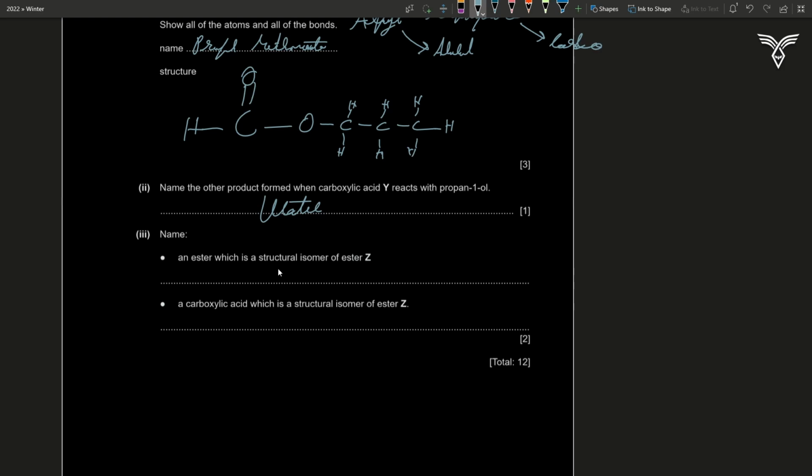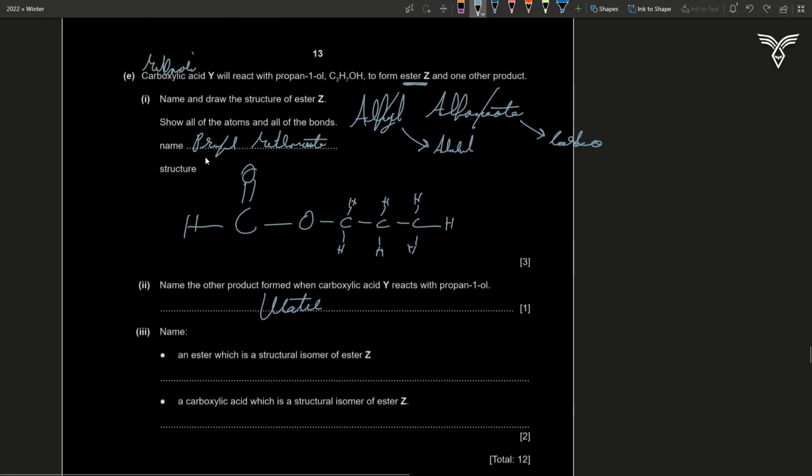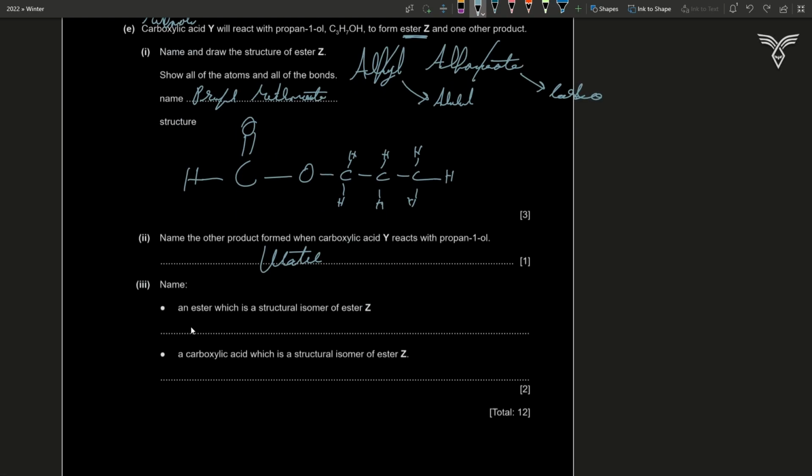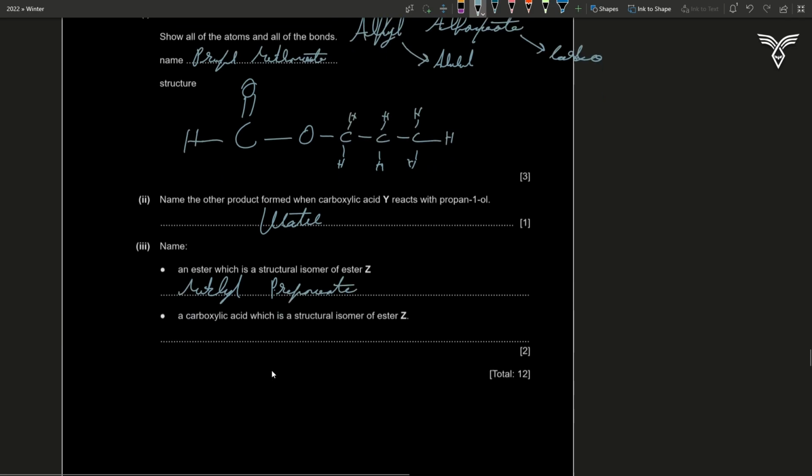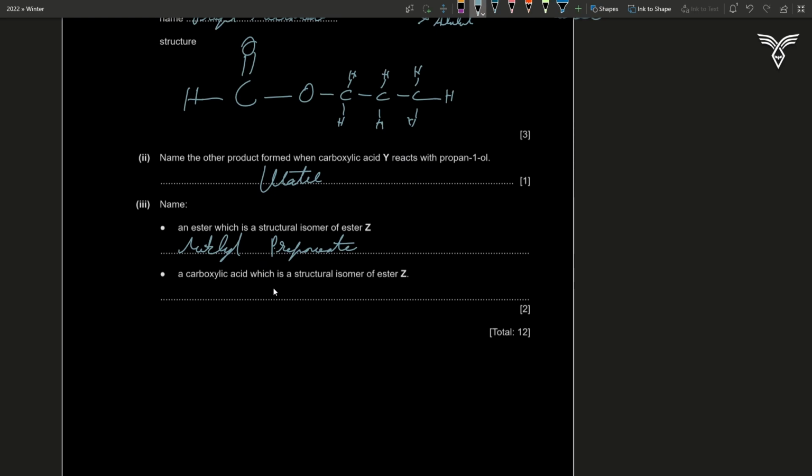Name an ester which is a structural isomer of ester Z. طيب لما يكون عندك استر وتكون عايز تجيب الستراكشرال ايسومر بتاعه بكل بساطة ارجع له كده. هنا انت عندك ايه؟ بروبايل ميثانويت. حلو جميل زي الفل. انا عايز بجيب الاستر بتاعه، اقلبه، هات السفكس دي هاتها هنا، just switch them. فبدل ما يكون عندك بروبايل هيكون عندك ميثايل، بدل ما يكون عندك ميثانويت هيكون بروبانويت. بس بسيطة.